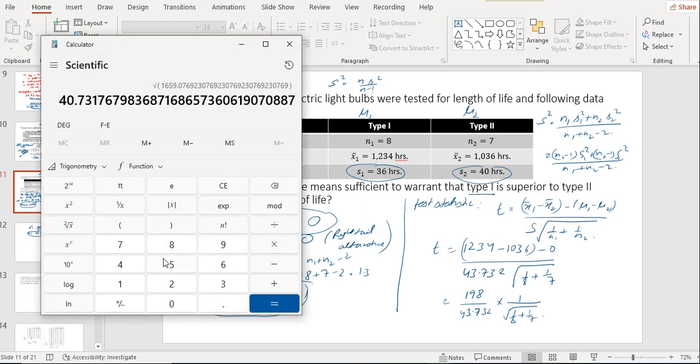I need to multiply this term with the square root of the reciprocal of 8 plus the reciprocal of 7, and its value is 21.08.